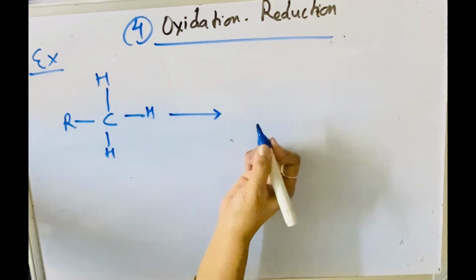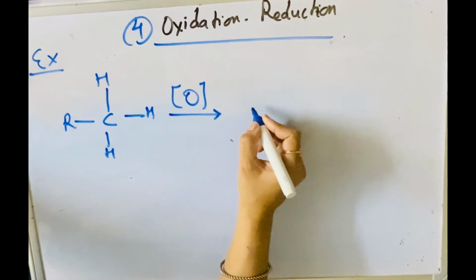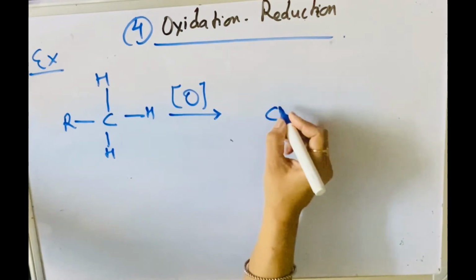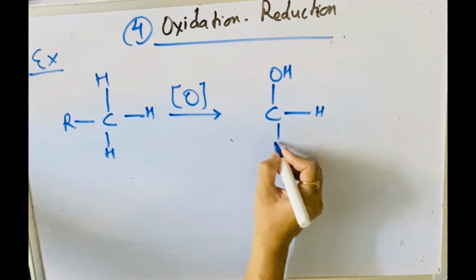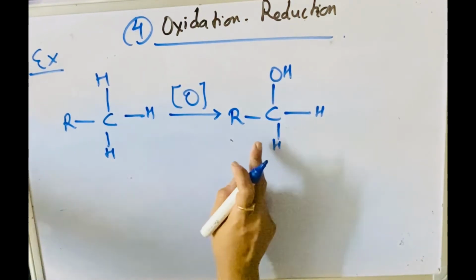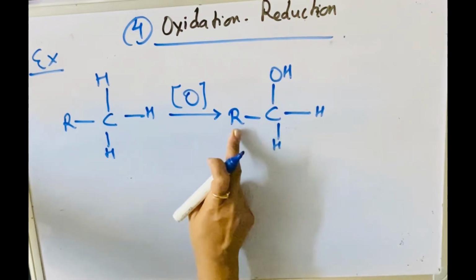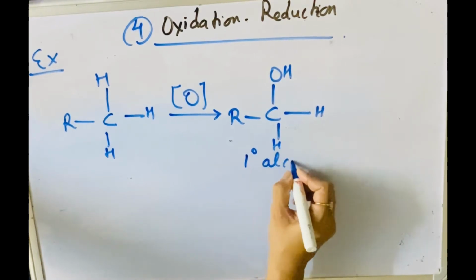When this reacts with an oxidant, oxygen is going to attack over here, and there is a formation of alcohol. As you see, this alcohol is attached to a carbon where the rest is an alkyl group, so this is a primary alcohol.